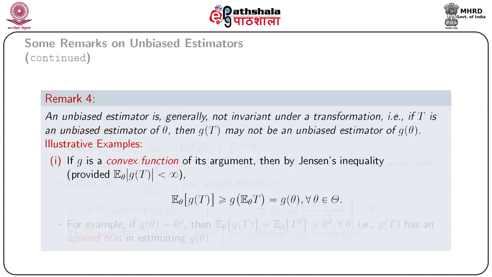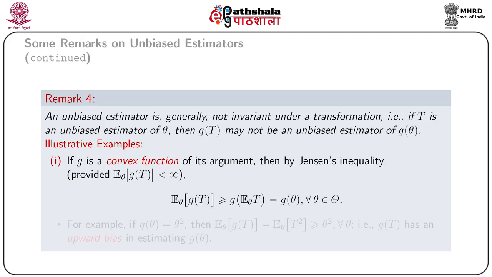Another drawback of an unbiased estimator is that an unbiased estimator is not invariant under a transformation. That is, if T is an unbiased estimator of theta, then G(T) may not be an unbiased estimator for G(theta). Consider the following example.